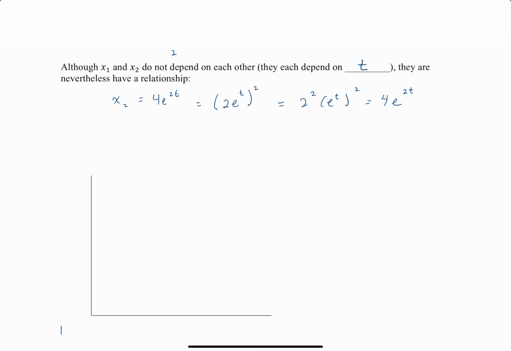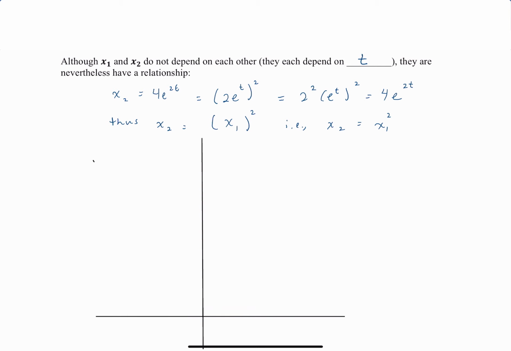And the reason I'm pointing that out is that the thing in the parentheses here being squared, that's exactly the same thing as x1. In other words, x2 is x1 squared. We can certainly graph the relationship between x1 and x2.